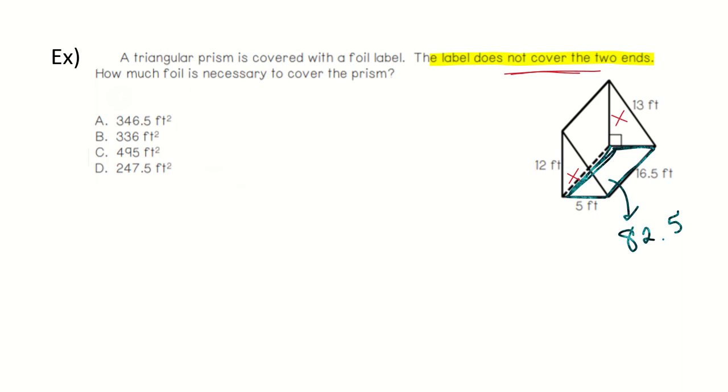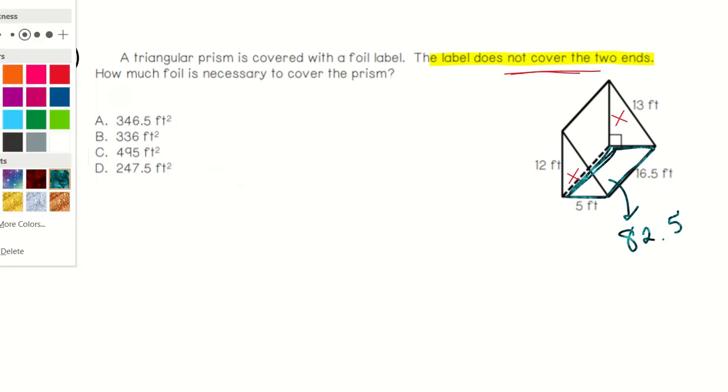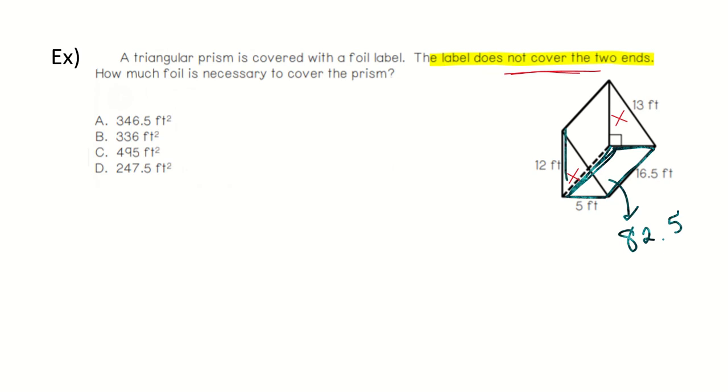All right, next we need to find, let's see, we do want this back part of the shape. That's going to be 12 by, hang on, let me clean it up to make it obvious. 12 times 16.5.